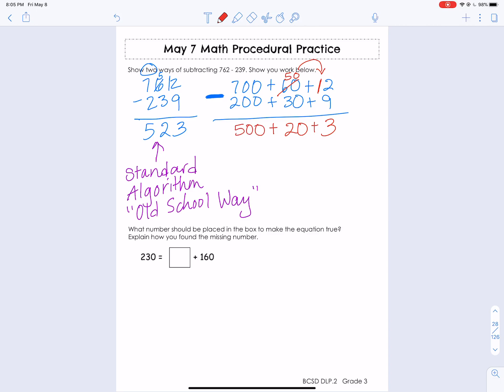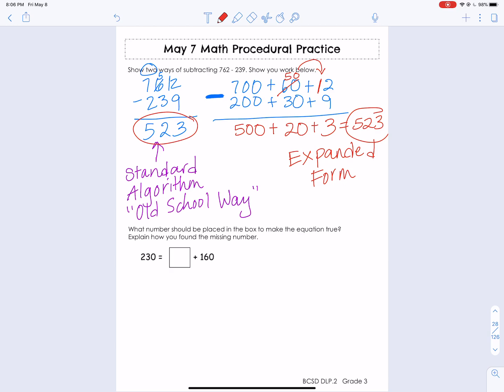Now to get my final answer, I just add those straight across. All those numbers added together are 523. So I have just proven 2 different ways, with the standard algorithm being one way and the expanded form strategy being the other, the answer for this subtraction problem.